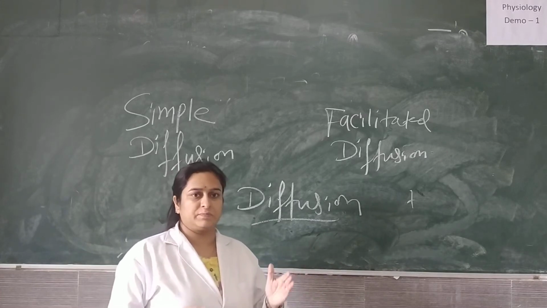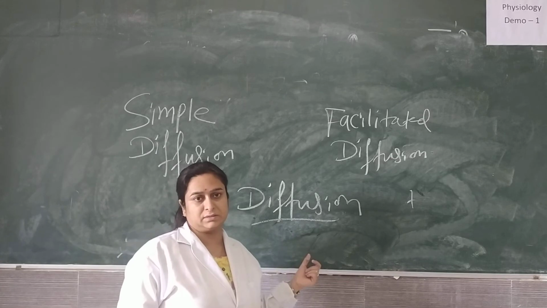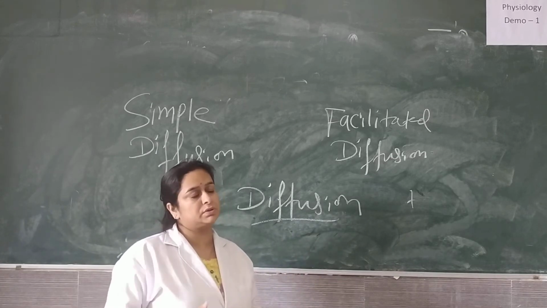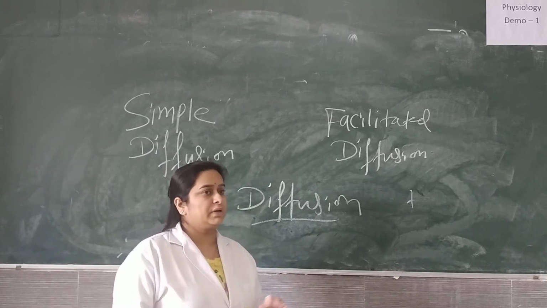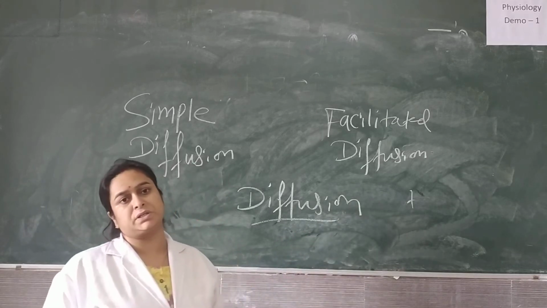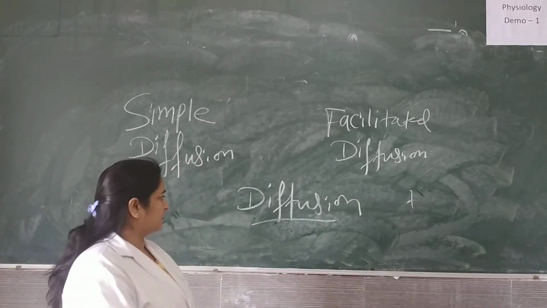So this is one example to understand what diffusion is. It is the movement of molecules from an area of high concentration towards an area of lower concentration.